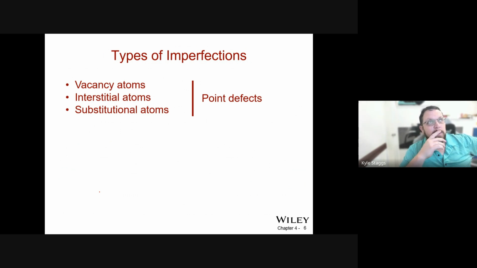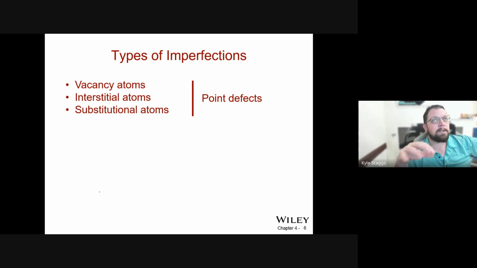But there are a couple of types that we need to understand. The first category is point defects. These are vacancies, meaning atoms that are missing. There's interstitial, meaning atoms that are there that shouldn't be there, in air quotes. There are also substitutional atoms that have displaced other atoms, or something that started as a vacancy, and an interstitial atom came in and diffused into that vacancy and became a substitutional.